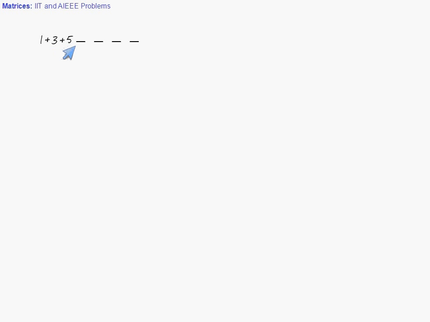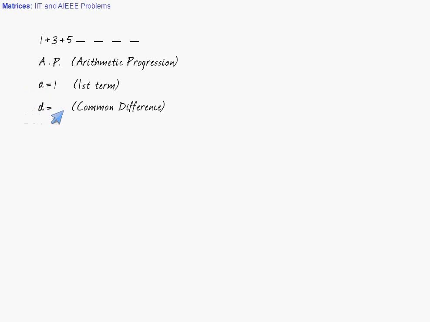This is certainly an arithmetic progression with first term as A, common difference D equals 2, number of terms, as it is already given in the question, is 2006. I will apply the formula n by 2, 2A plus n minus 1 times D. Now let me put the values.